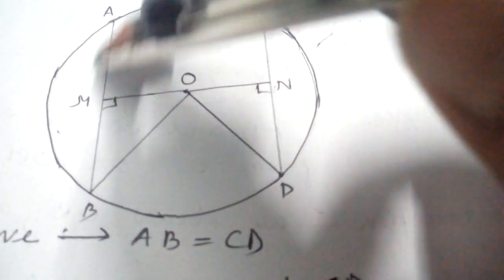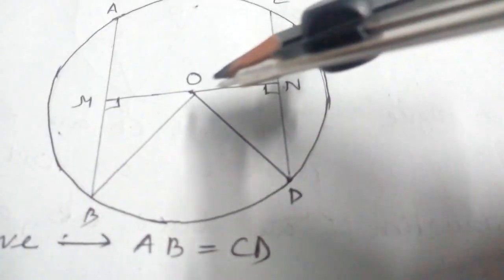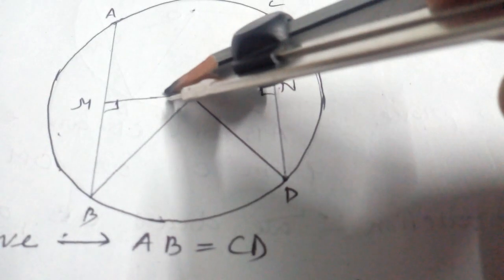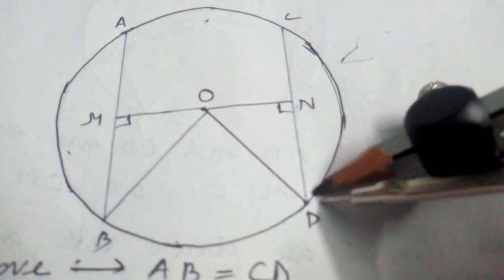In 10.6, it is given that AB is equal to CD and we have to prove that OM is equal to ON. In this 10.7 theorem, distances are equal, and we have to prove chords are equal, that is, AB is equal to CD.